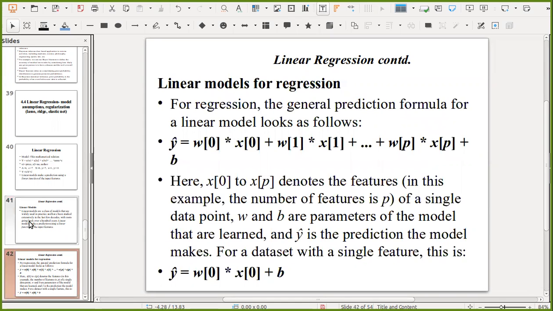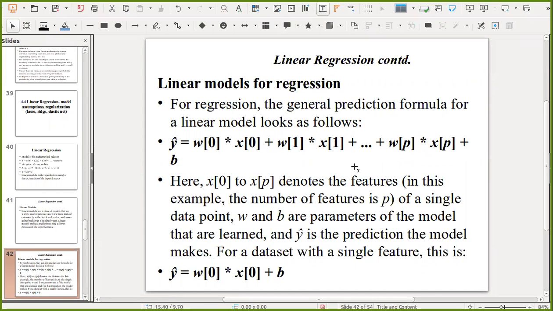So for regression, this is the same formula which I have just explained: x0, x1 up to xp are the features, with some constant value, and w0, w1 are the coefficients, while x0, x1 will be called the attributes.